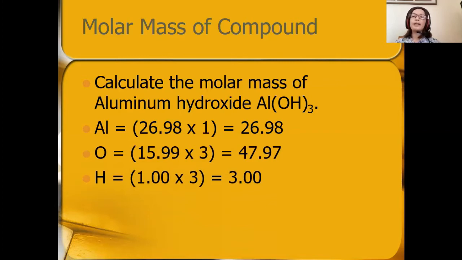And you multiply it to the atomic mass of hydrogen, and that is 1.00. So getting the sum of these gives 77.95 grams per mole. So meaning to say, for every 1 mole of aluminum hydroxide, it will weigh 77.95. So that's how to get the molar mass for the compound.